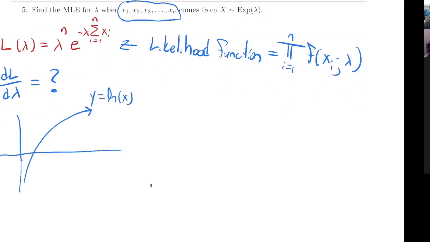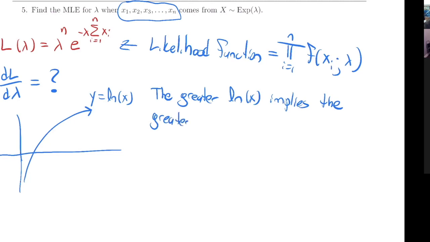That's a natural log function, that's its graph, at least. What we can see from this graph is that natural log is an increasing function.